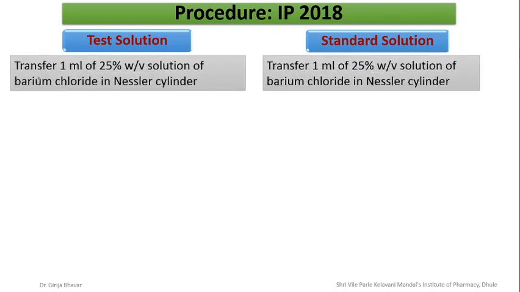In the Nessler cylinder labeled as test solution, transfer 1 ml of 25% solution of barium chloride. Similarly, in the Nessler cylinder labeled as standard solution, transfer 1 ml of 25% barium chloride solution.